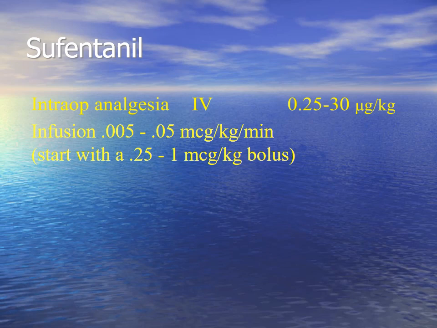Practically, and it's best designed when you guys read through it, the pharmacokinetics make it much more ideal as an infusion of an analgesic than fentanyl. Because as soon as you turn it off, even if it's been running 4 or 6 hours, the tail of the infusion ends in 45 minutes.